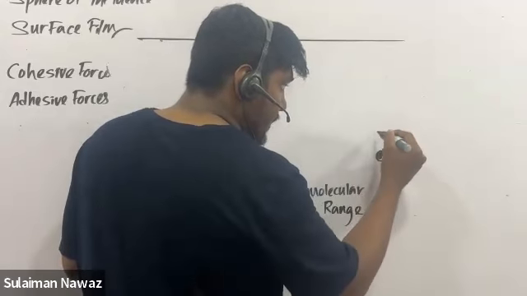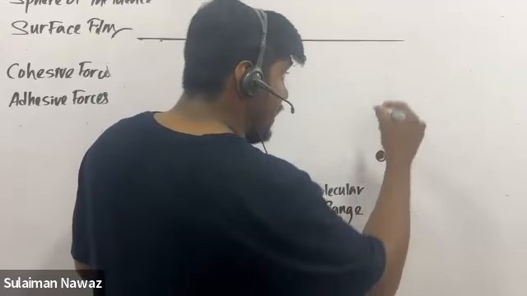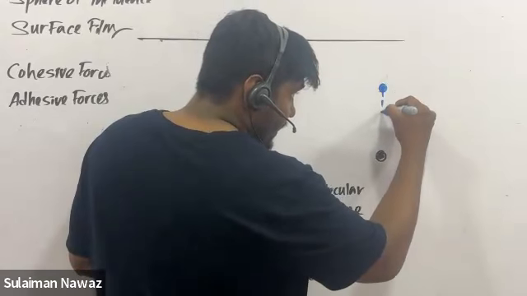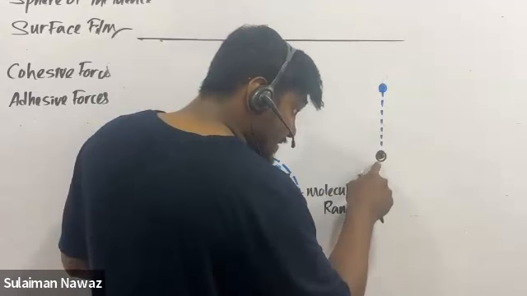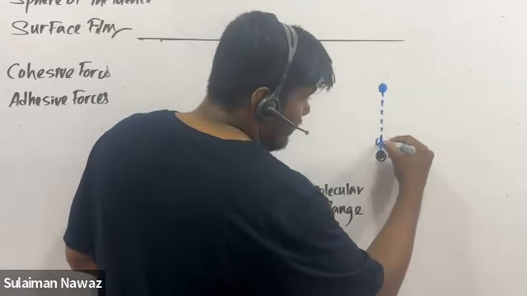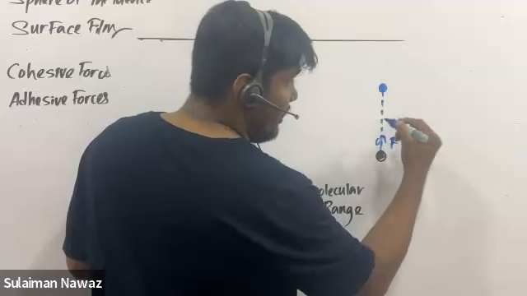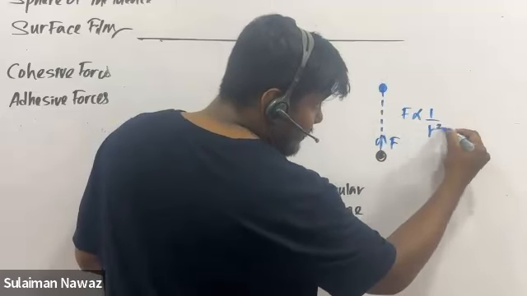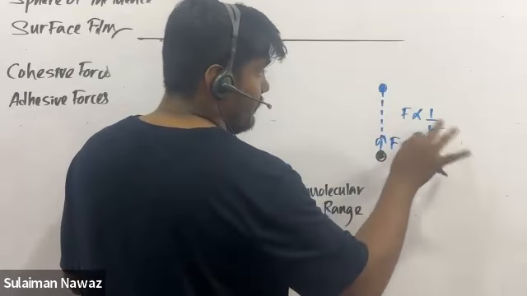But always understand, the force created on this black color particle by other fluid particles is generally inversely proportional to the distance between the two particles squared, right?